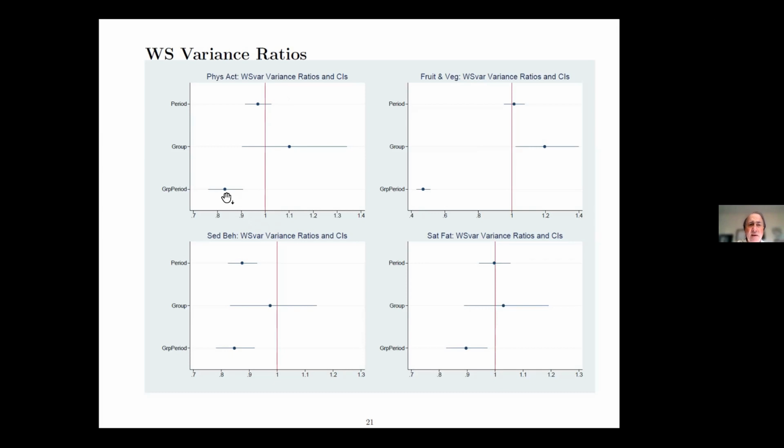So what we're seeing for the group by time interaction is a reduction of the within subject variance by a factor of about nearly 80%. So per period, as we go from baseline to the first period to the second, the group that was targeted to increase their physical activity, they're getting more consistent in their level of physical activity by about 80%.